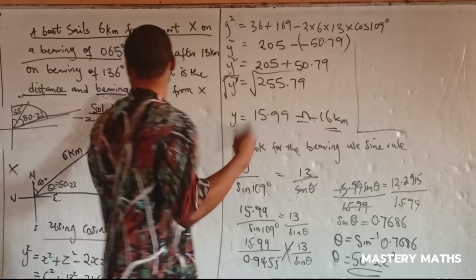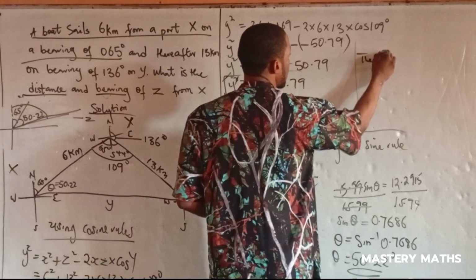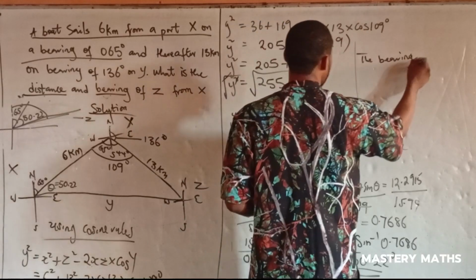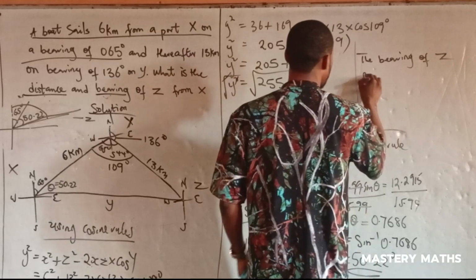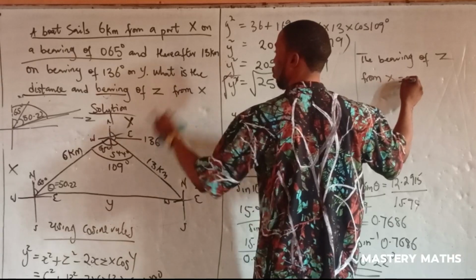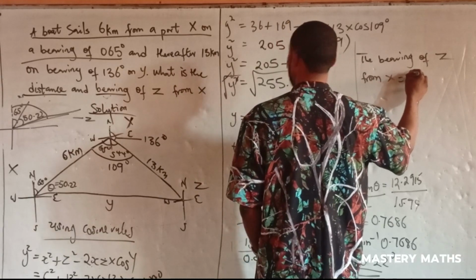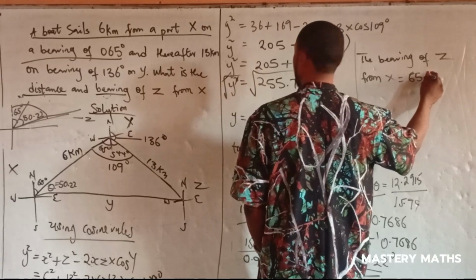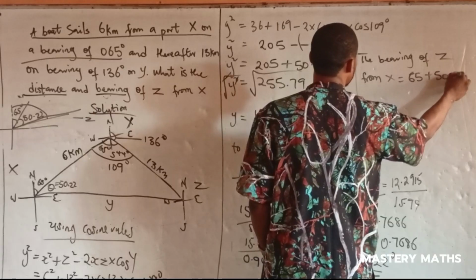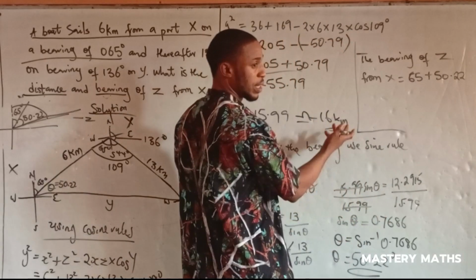Now you say the bearing of z from x is equal to 65 plus 50.22. You see it now?